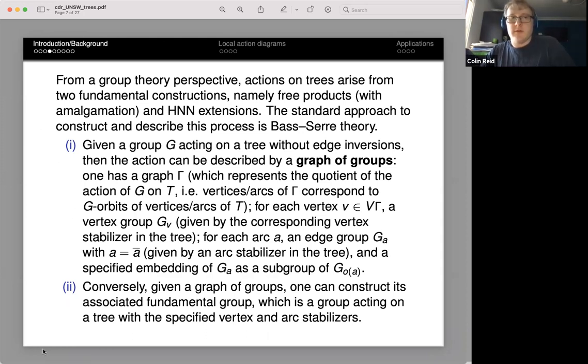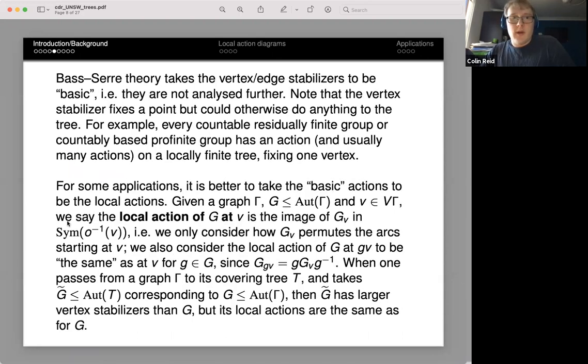Okay, so this looks like we've got a pretty good handle on groups acting on trees. And the downside is that once you get down to vertex and edge stabilizers, you're not really doing Serre theory anymore. Serre theory isn't so useful for a group that actually fixes a vertex or fixes an edge.